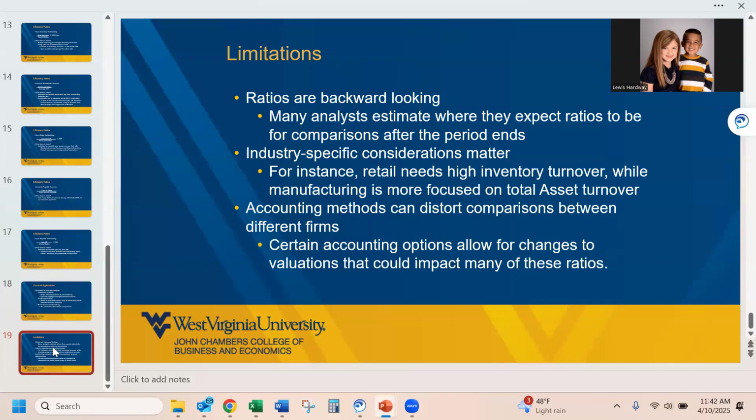There are many limitations on using ratios. Just like with financial statements and a lot of things that accountants do, they're backward facing. They are looking at historical data. With that in mind, analysts may estimate where they expect ratios to come out. That's what earnings per share is, the estimation of a ratio of earnings over shares.